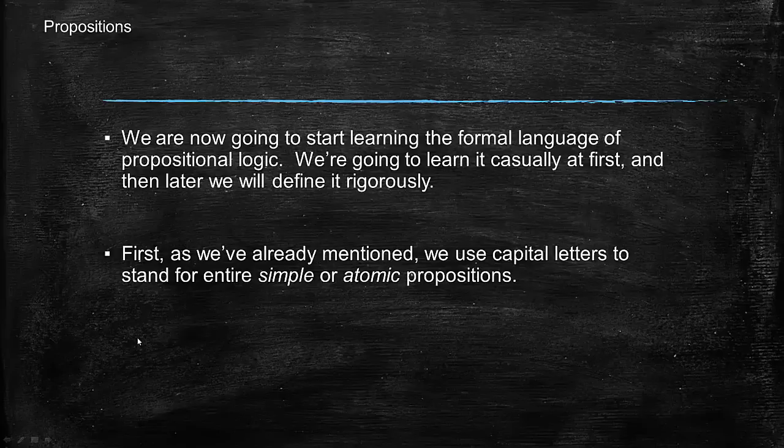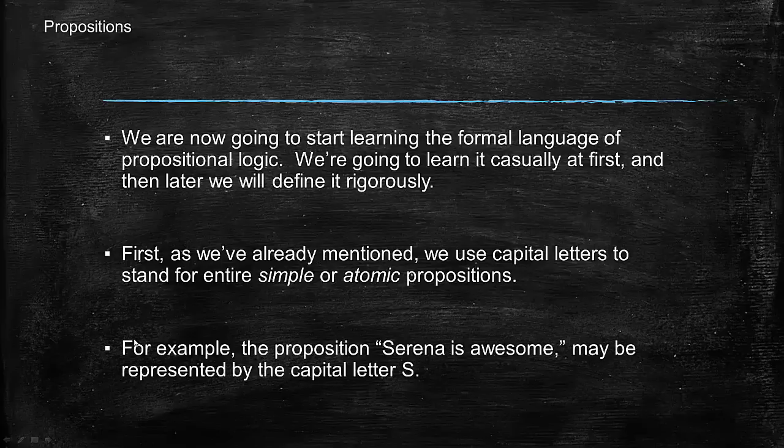Now, formally, we tend to restrict the capital letters to P, Q, R, S, and T, but when we're operating informally, sometimes we just use whatever capital letter seems to fit, especially when we're doing translations of English statements. So, for example, the proposition Serena is awesome might be represented by the capital letter S, or A, just whatever seems to make sense to you.